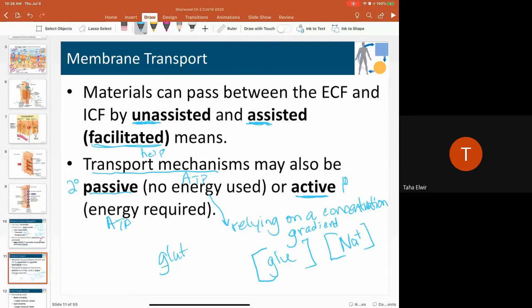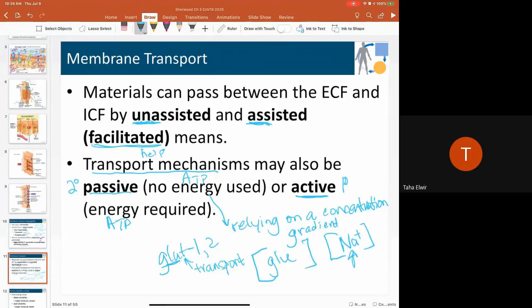So GLUT for glucose, and then T for transport. So a GLUT1 or a GLUT2 transporter. We also have sodium. It can go through its channel, and it's usually higher on the outside and lower on the inside.